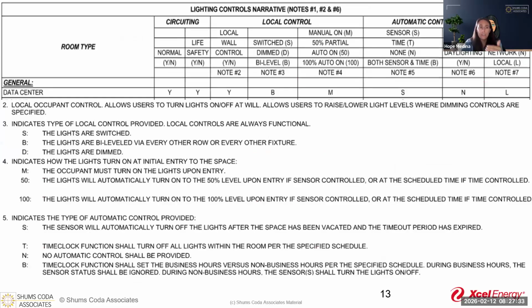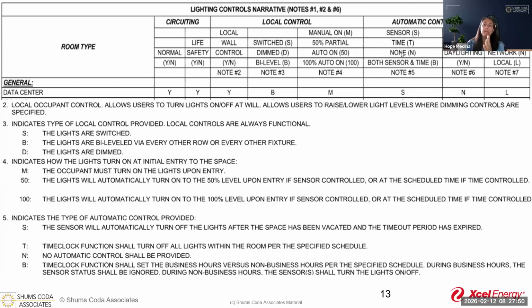are actually illustrated here. And here's a great one to look at for this. As far as when we're looking for the automatic controls here, we're going to look at this one.